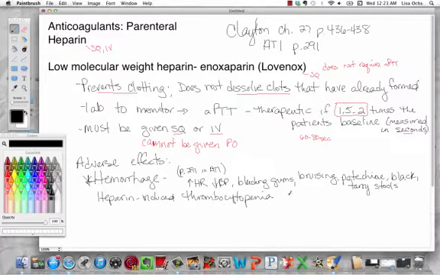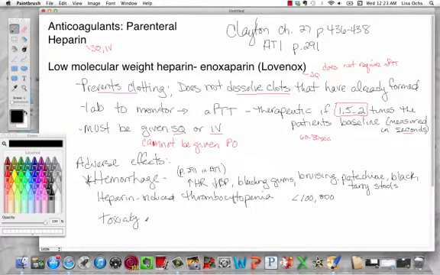If the platelet count is less than 100,000, the patient needs to have their heparin stopped. And that's a big deal because the patient's at risk for hemorrhage. And then toxicity or overdose from the heparin, which can lead to hemorrhage.